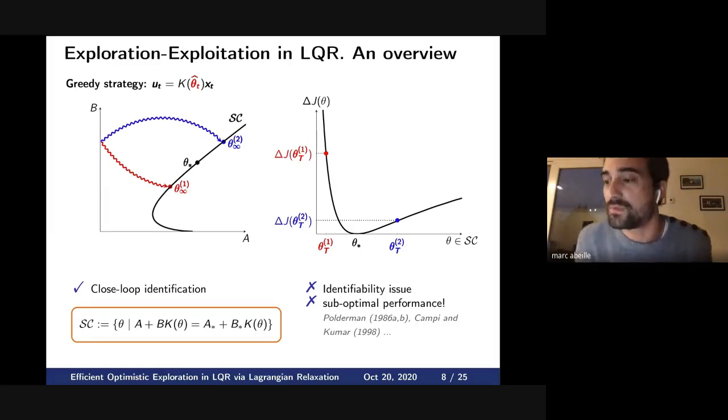This is the suboptimality function delta J that I present here. So we see that this function is not flat, and as a result, each limit point in the self-coherent set is associated with a suboptimal performance, and so the regret of the greedy strategy is simply linear.